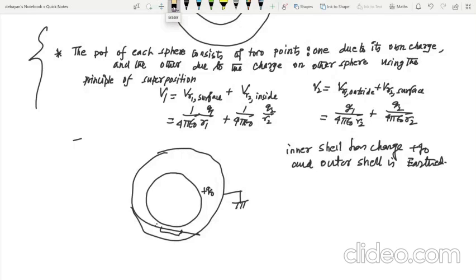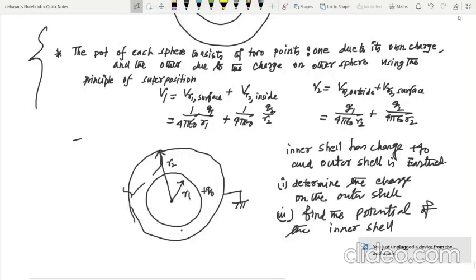That is the particular question: the inner cell has charge q naught and the outer cell is earthed. So you have to determine the charge on the outer cell and find the potential of the inner cell.